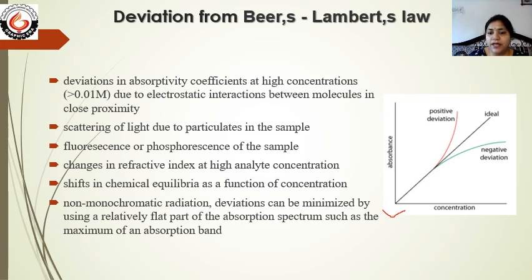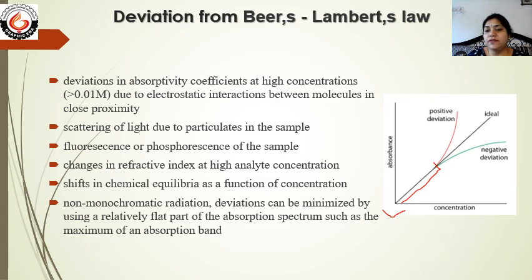On the y-axis absorbance and on the x-axis concentration. So obviously as absorbance is directly proportional to concentration, a linear line is formed. That means as concentration increases, the absorbance also increases. But after a certain concentration, there is some deviation.